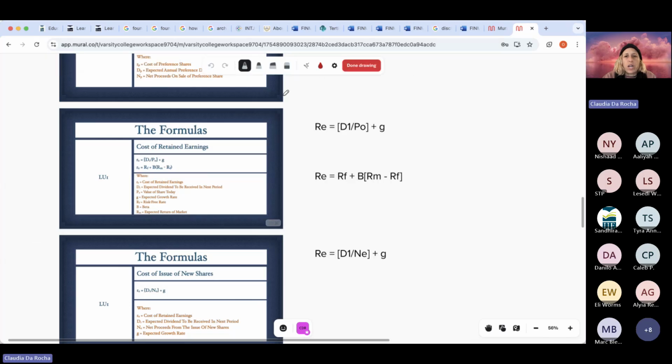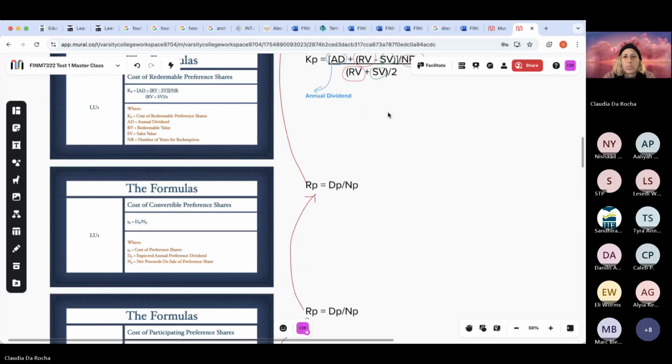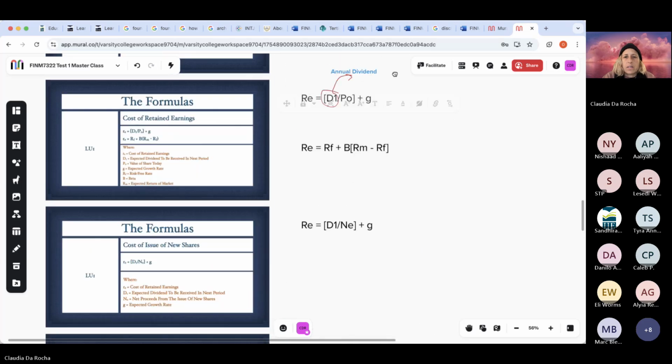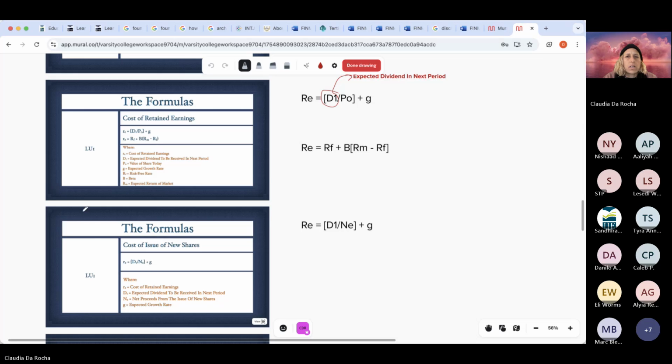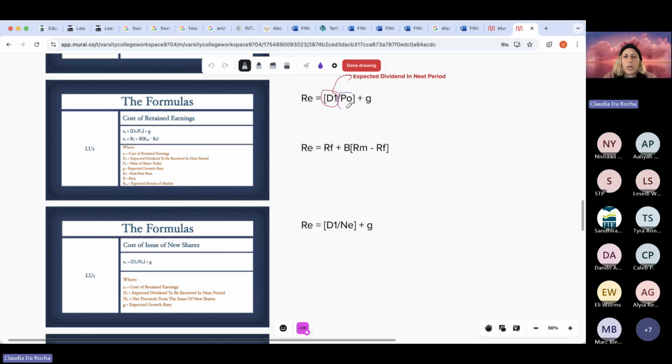Okay, and then in terms of our little elements on here, D is your D. Then we have our PO.